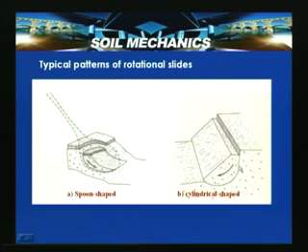A slip surface can form. Here there is a settlement or depression from this level, and then a downward movement of the slope takes place.